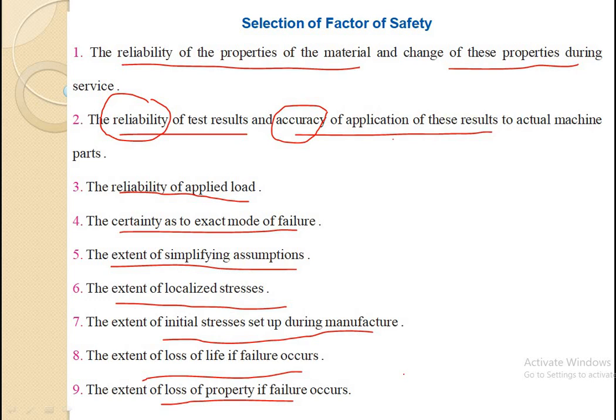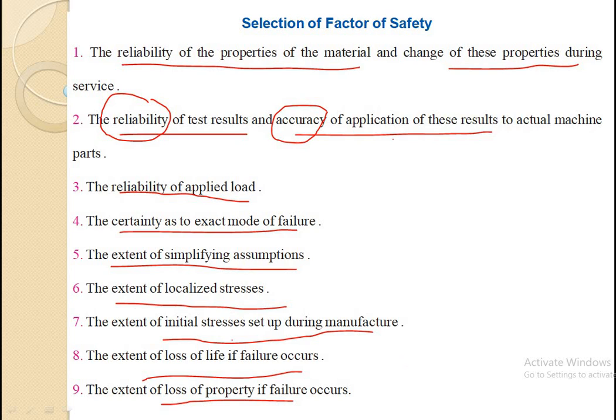So by considering the impact of that loss of property due to the failure of any smallest element of the machine, or vehicle, or any device, what will be the loss of the property and the loss of life? That consideration needs to be considered while designing a particular component.